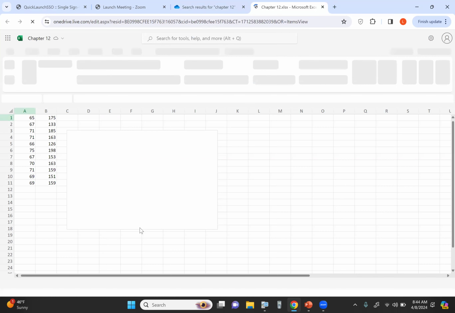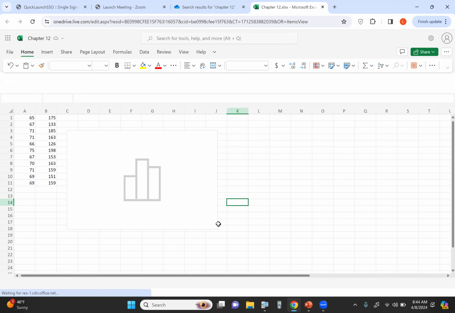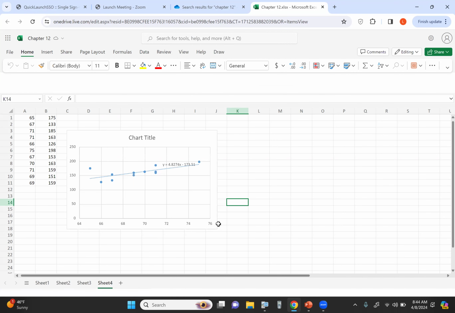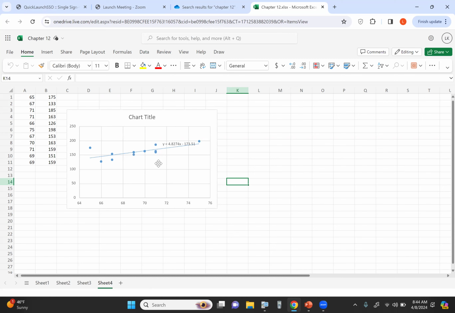So here is the standard normal distribution table, if it'll open. Boy, for some reason it didn't like that. That is not the chapter 12 that I wanted.